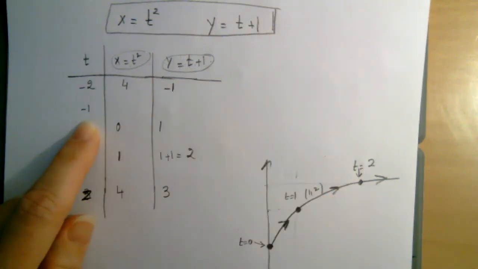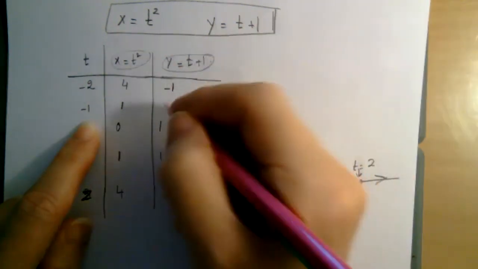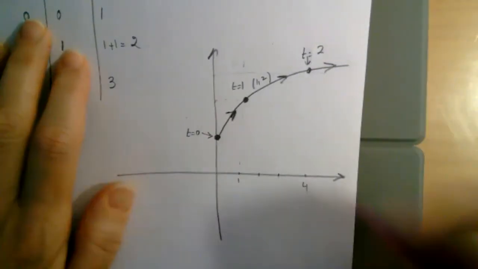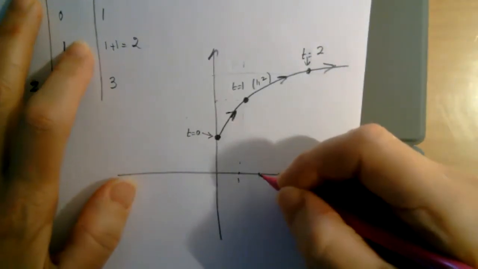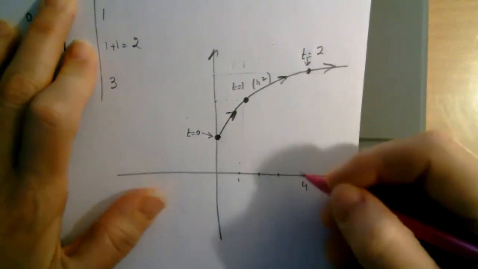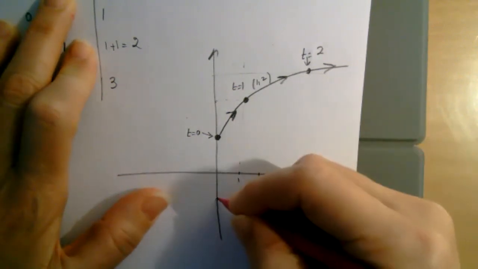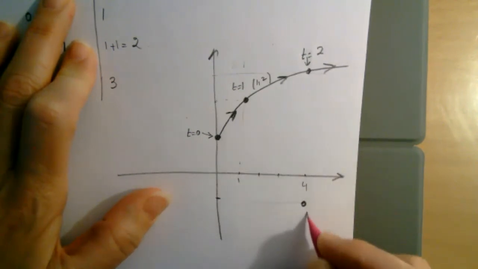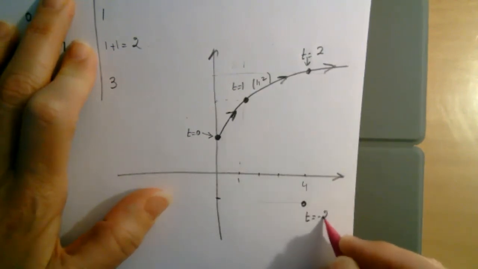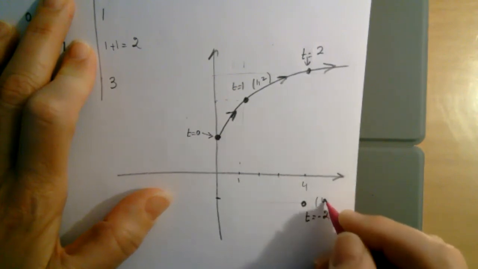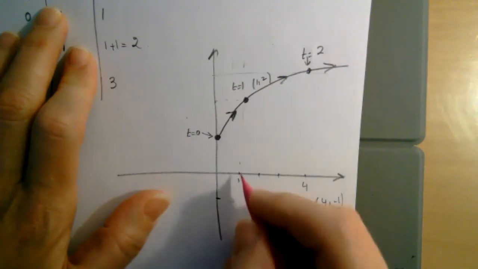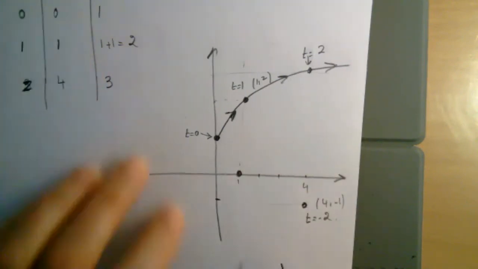At -1, x is 1, and the y is 0. So at t equal -2, my x is 4, my y is -1. So my object is right here. And at t equal -1, my object is right here.